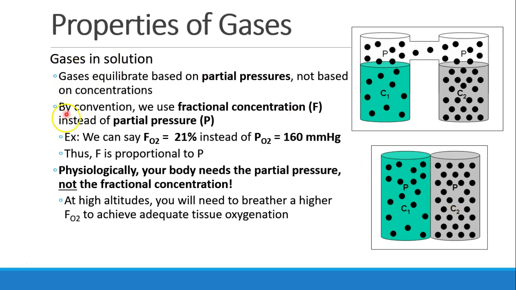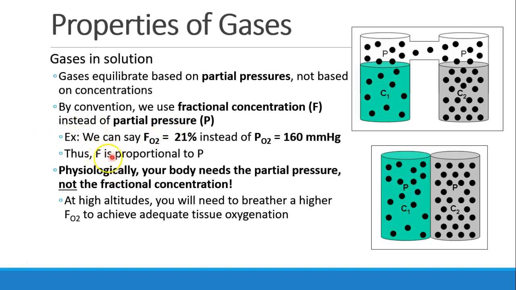Now, one thing that may confuse you a little bit is that we don't always use the word partial pressure. Sometimes we talk about fractional concentration. So, for example, we don't say the partial pressure of oxygen is 160 millimeters of mercury in the air. We say it's 21%. When we say 21%, it means 21% of atmospheric pressure, which is 21% of 760, which is 160.